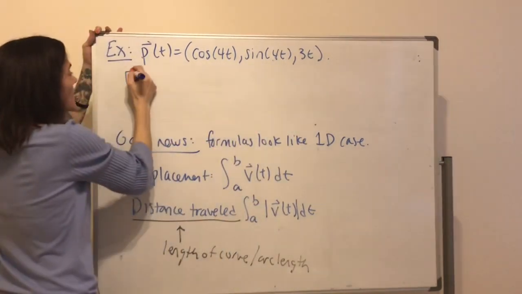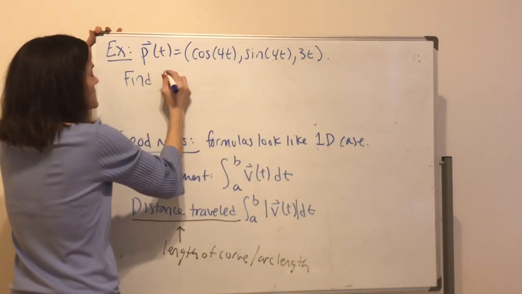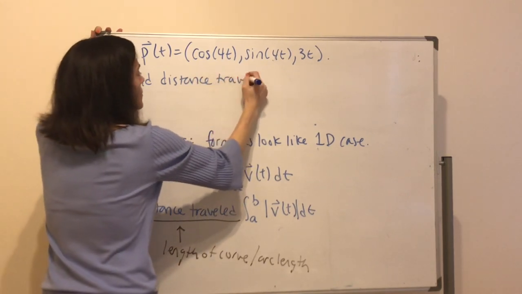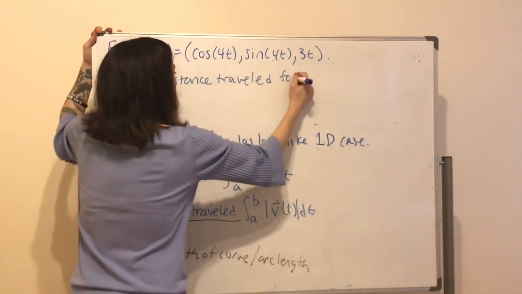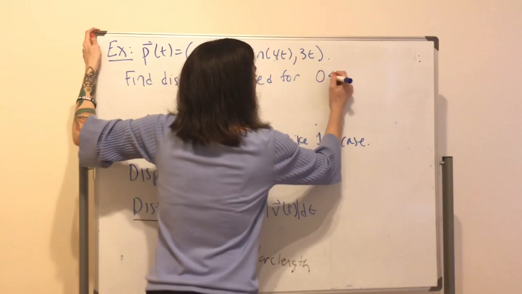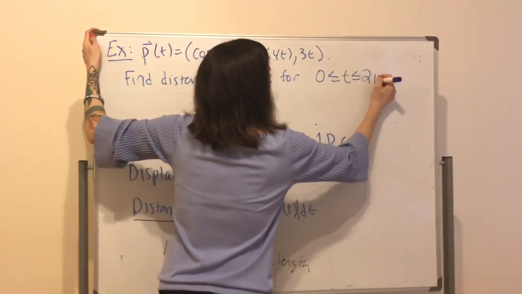And we want to find the distance traveled, or find the length of the curve for t between 0 and 2 pi. 0 less than or equal to t, less than or equal to 2 pi.